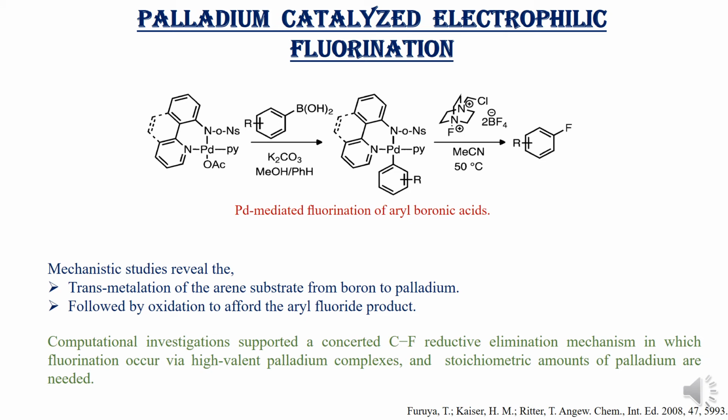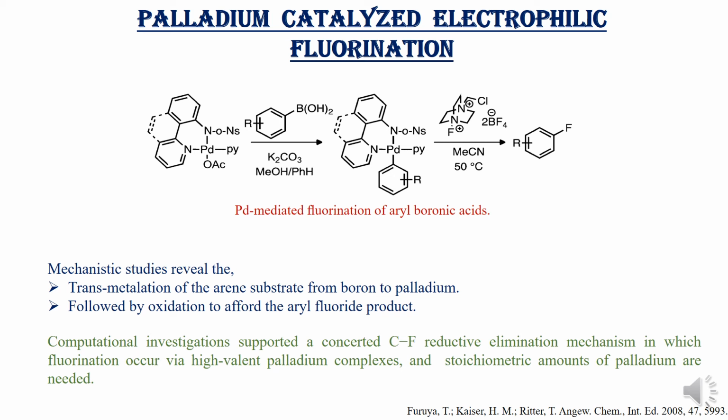One example is by using aryl boronic acids, which were used as a source for electrophilic fluorination, and it was fluorinated to get the aryl fluoride complex. Here, the boronic acid was treated with the platinum complex through transmetallation.